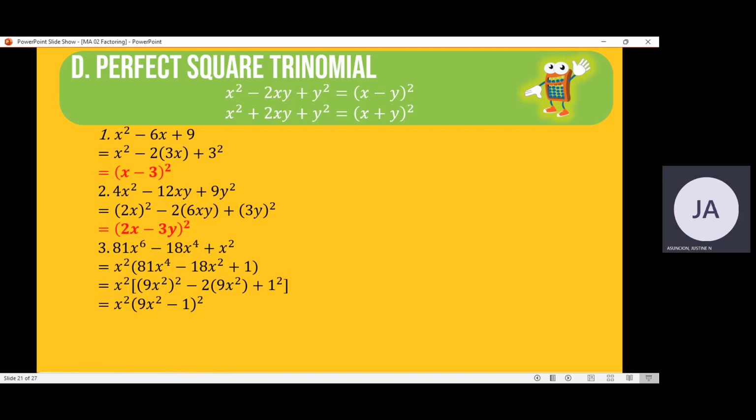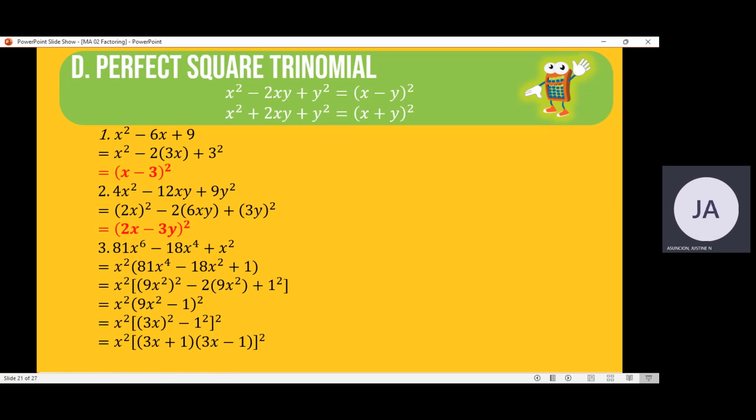But again, look at this, 9x squared minus 1. We can identify that there is a difference of two squares, so we can identify the factors here. 9x squared can be expressed as (3x) squared, and 1 can be expressed as 1 squared. By using the difference of two squares, we get x squared times the quantity (3x plus 1)(3x minus 1), all squared.